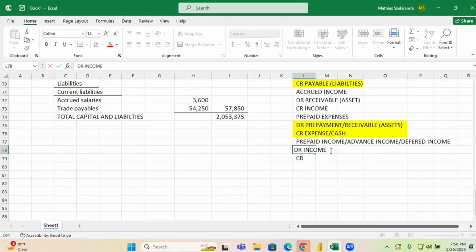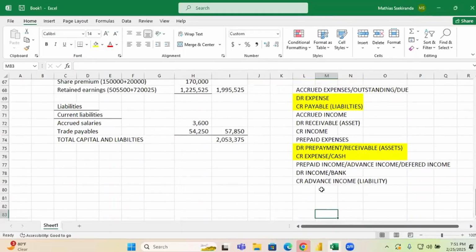If you are just receiving it for the first time, you debit bank because you have received it. But under scenarios whereby you had received it and posted it under incomes, you have to reverse by debiting incomes. Then you credit the deferred income, which is a liability.